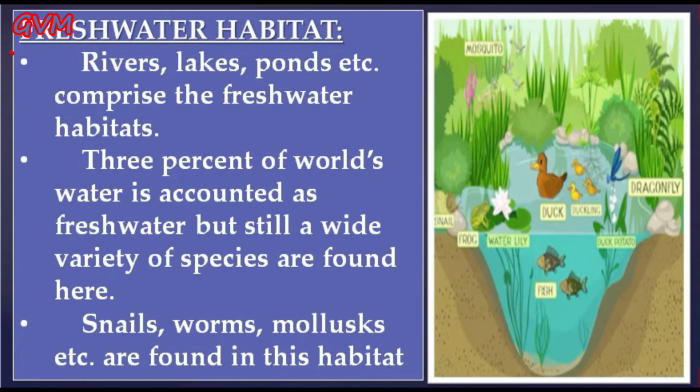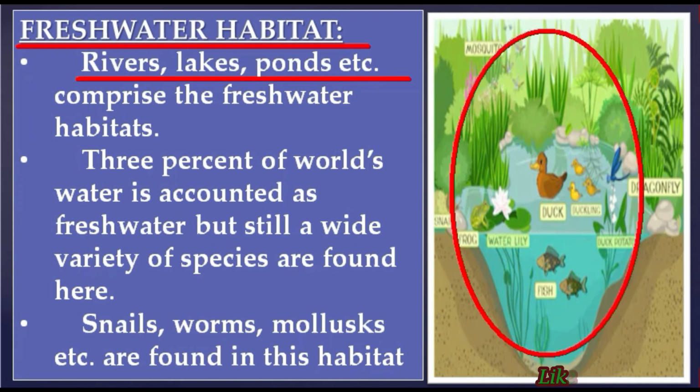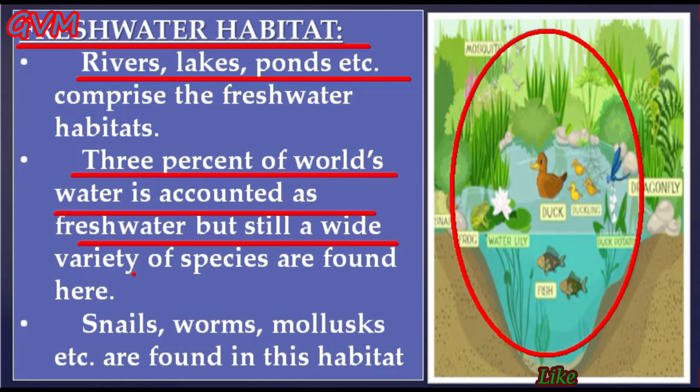Now students, the next kind of aquatic habitat is the freshwater habitat. Students, these freshwater habitats generally comprise rivers, lakes, ponds, etc. And students, 3% of the world's water is accounted as fresh water, but still a different variety of species are found here in these freshwater habitats.